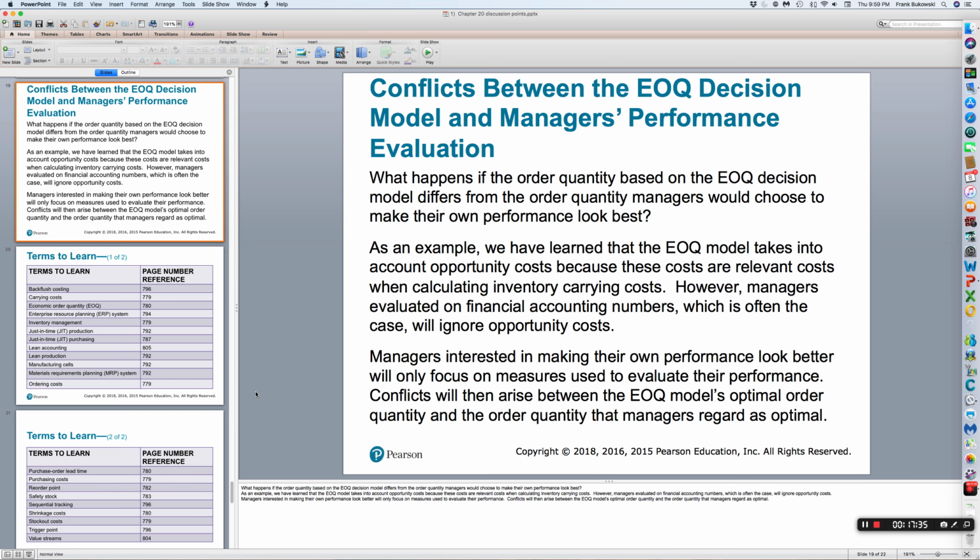So managers that are interested in making their own performance look better will only focus on those measures used to evaluate their performance. Conflicts could arise then between what the EOQ model's optimal order quantity is and what the order quantity is that managers regard as optimal. Why? Because those opportunity costs are being taken into account to more fairly evaluate managers' performance. Okay, that will end this podcast.